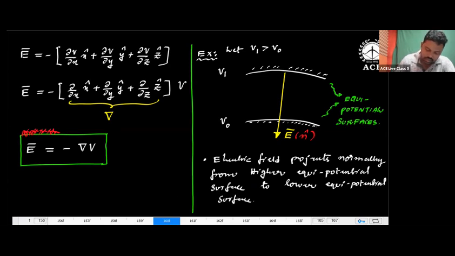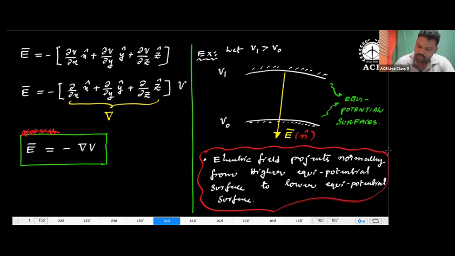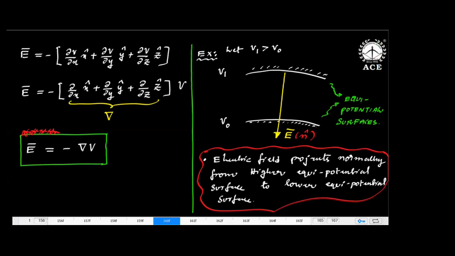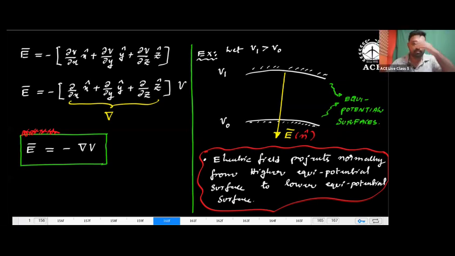So this is a single line interpretation for this one. This is the interpretation of this equation, beta.